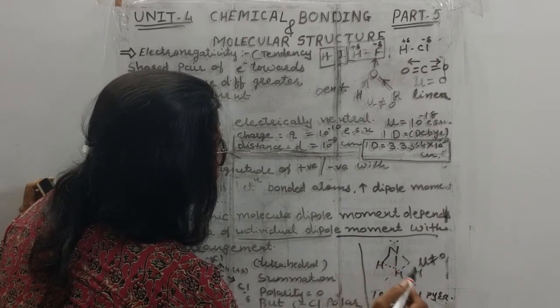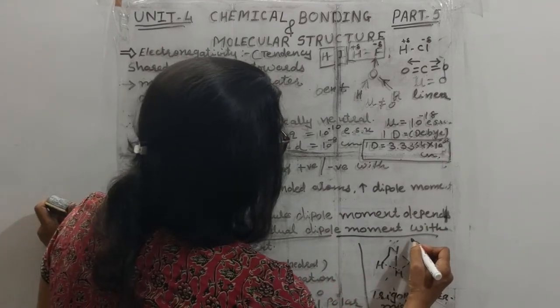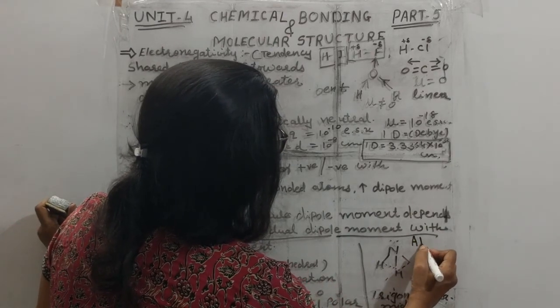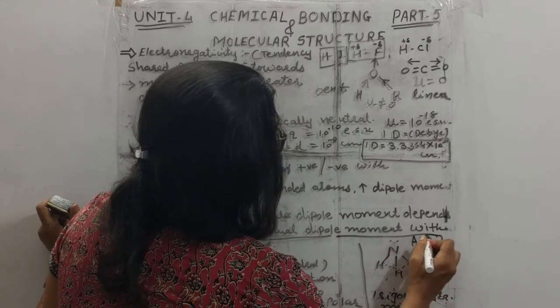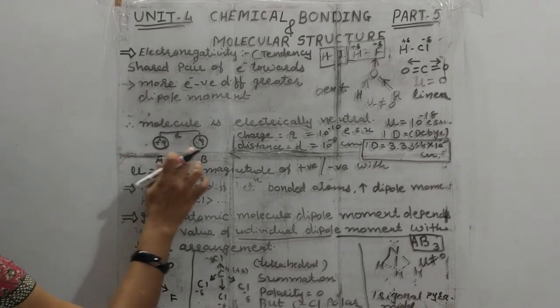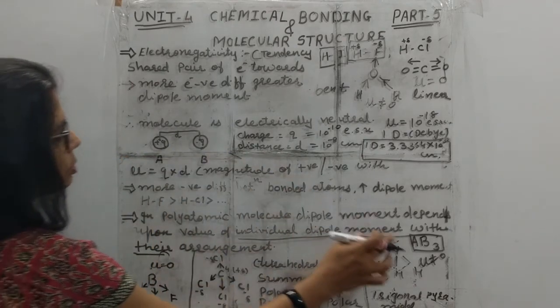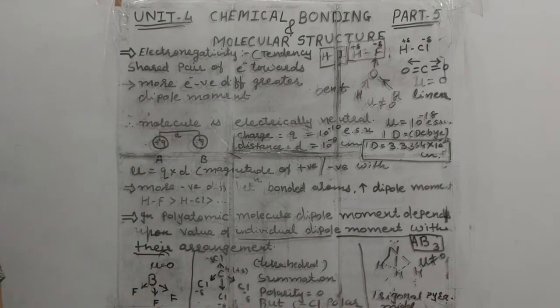This way you can consider the trigonal pyramidal shape of NH3, or if we think of this type of molecule, it is known as an AB3 type of molecule. Here we have taken A atom as more electropositive, B atom as more electronegative. So here the AB3 type of molecule has the trigonal pyramidal shape.